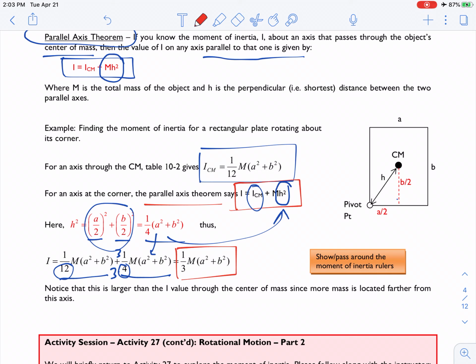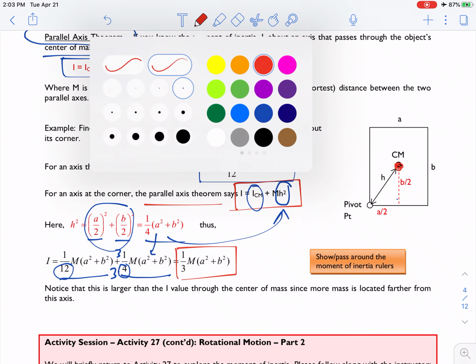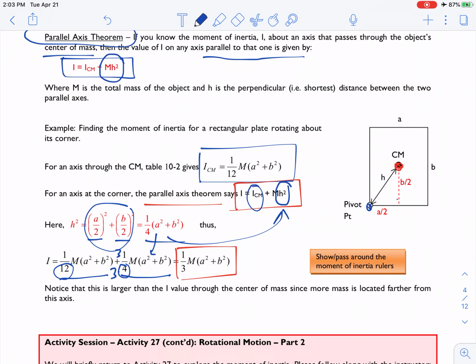So first one is the center of mass, and you look at the mass distribution and compare that with this mass distribution here. So things are much farther away from this, right? Like look at the mass distribution. That's why in this case, when you rotate it around this point, you have a higher value of inertia, because mass is farther away and it increases the moment of inertia.